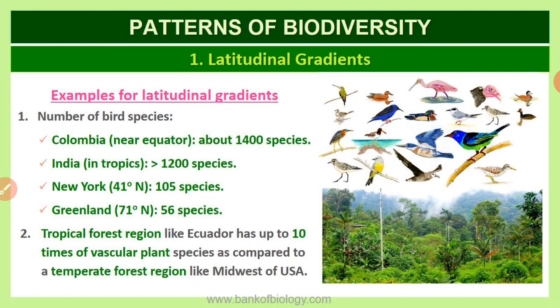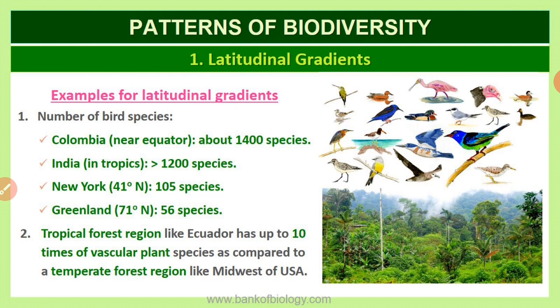Here you can see the examples they have given, the number of bird species. By giving the figures they show how species diversity decreases as we move towards the pole.